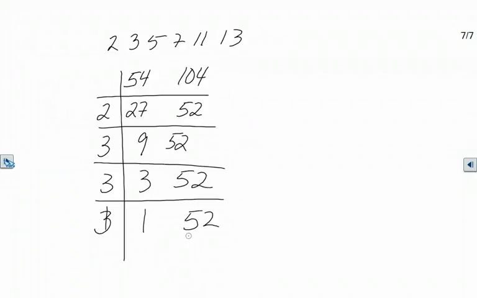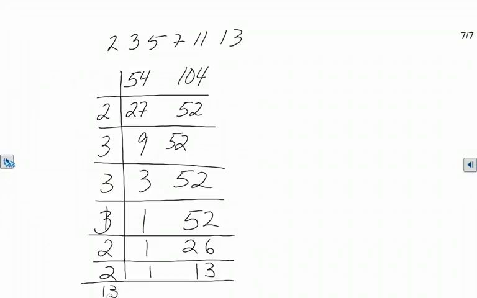Then we focus on the 52. And that's going to be 2 or 2 and 26. 2 and 13. And 13 will give us a 1 and a 1. And I'm sorry we did the same one again.